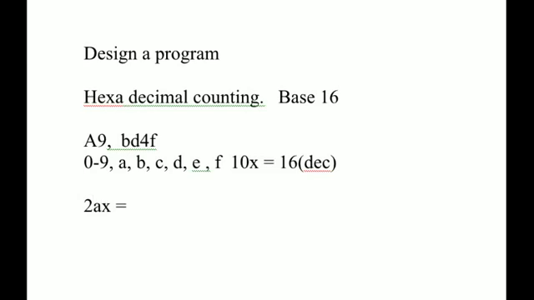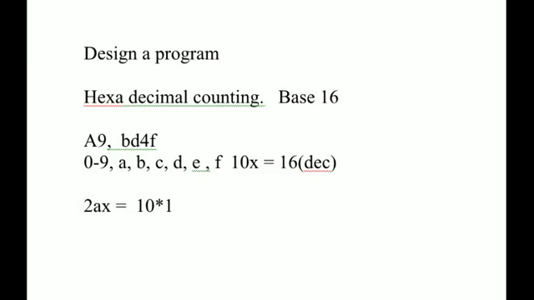So the first digit is A, and A is actually 10 in decimal. So we'll do 10, and we don't have to multiply it with anything. Actually, we multiply it by 1 because the first digit is always the single digits.